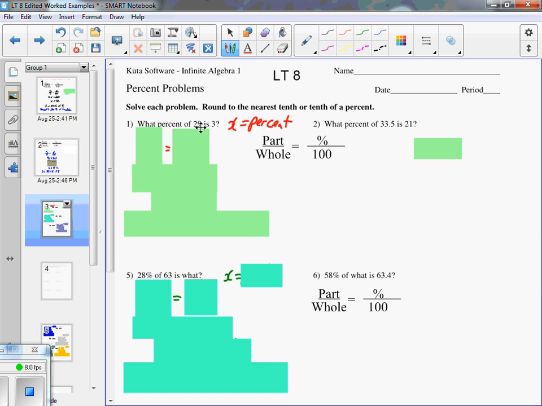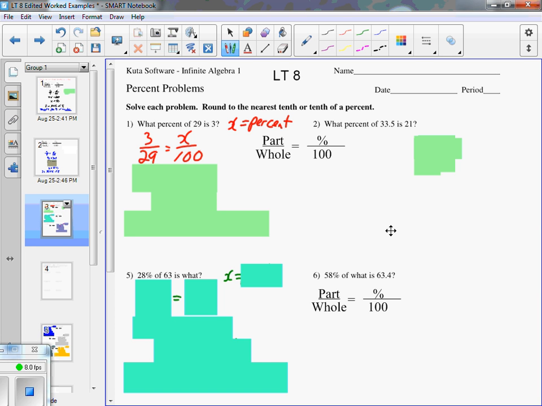They want to know what percent of 29 is 3. How about this? 3 is what percent of 29? Might make more sense. So 3 is the part, 29 is the whole. We'd already decided x is the percent, and it's over 100.